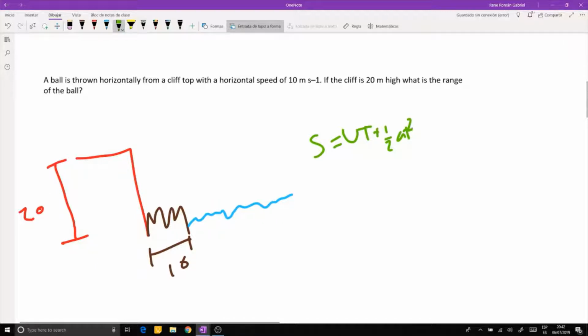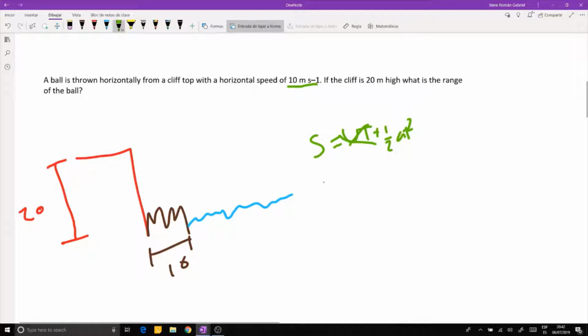So we could substitute in. U is basically initial velocity, and we're going to figure out time. This time we're not using the 10, because the 10 is horizontal, not vertical, so U would be 0. So 0 times time, whatever time is, that's 0.